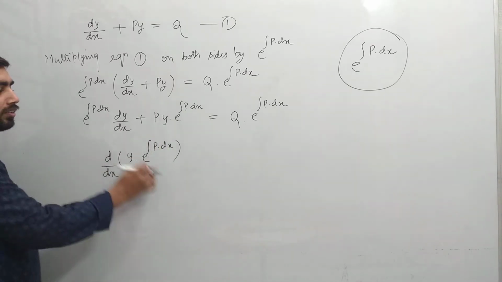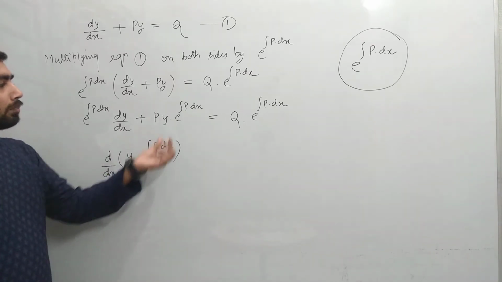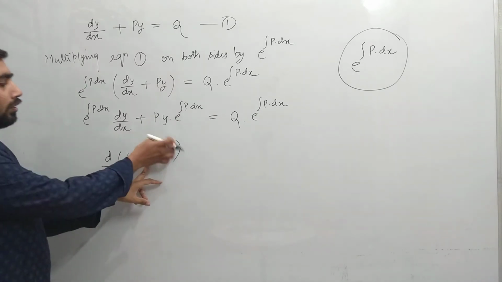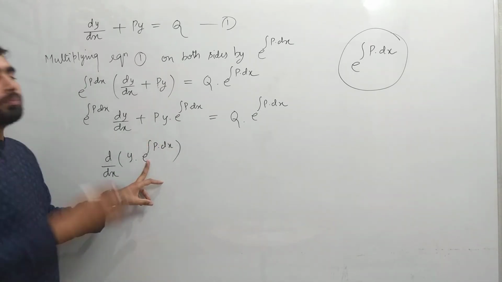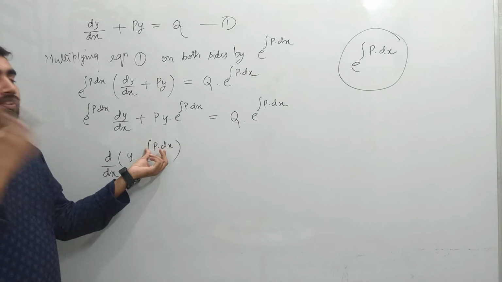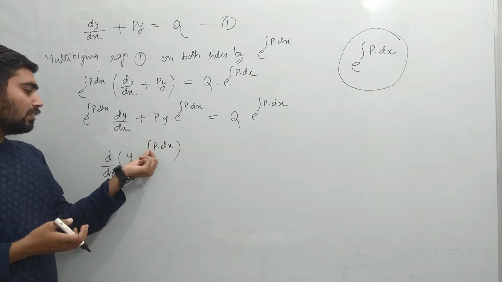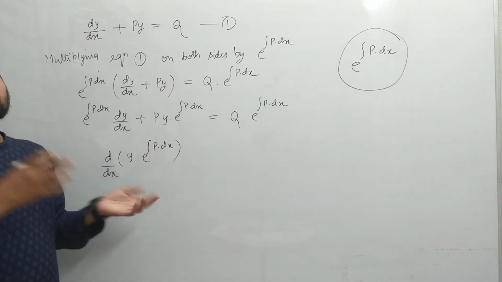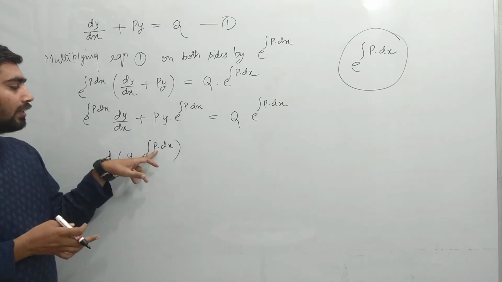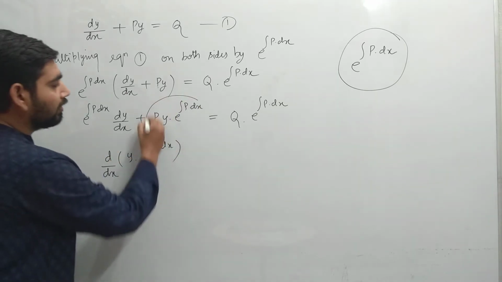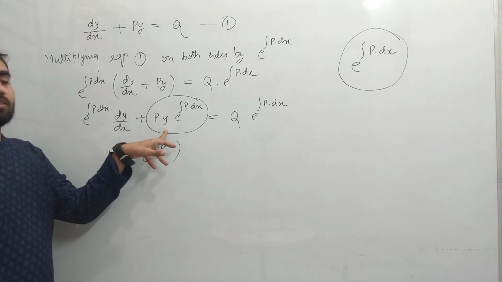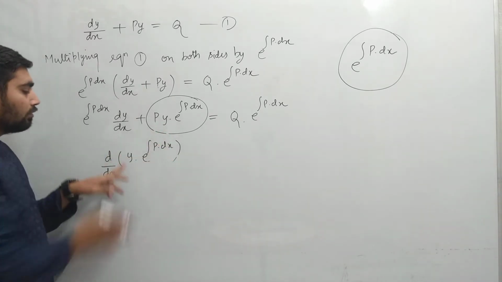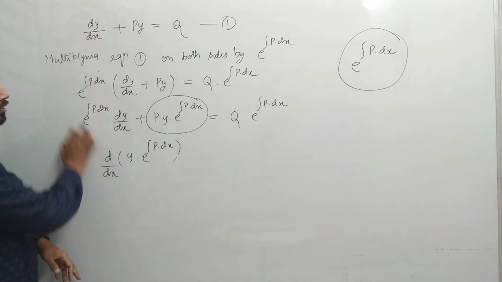On differentiating this term, we will get e to the power integral P dx as it is, and the function in the exponential power will again be differentiated. Here it is integration, and on differentiating it with respect to x, the integration and differentiation will cancel out, and we will get P. So here we will get the first term as this, and when the second term remains as it is, we will get dy by dx, which is this term.